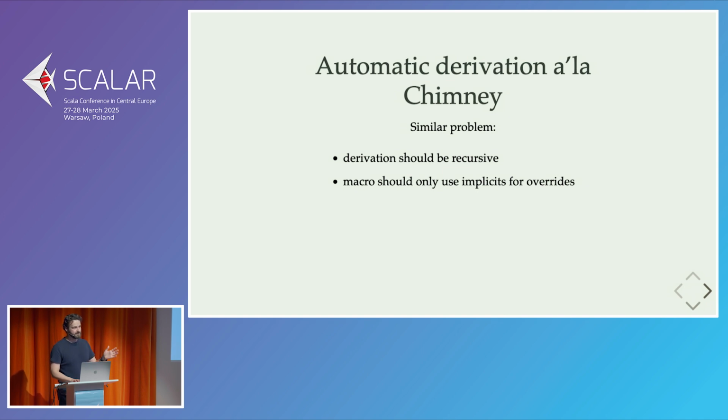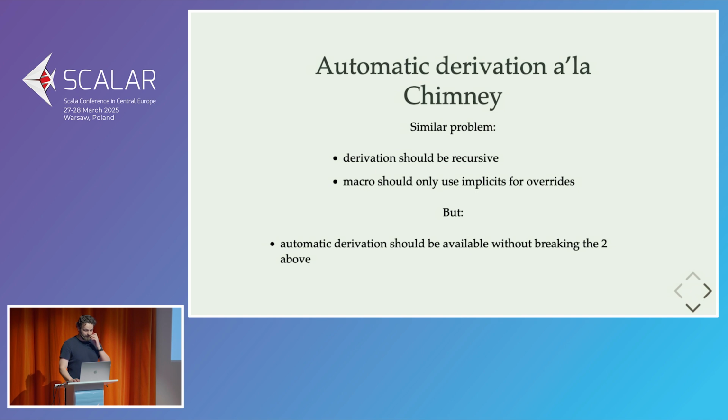But we also wanted users to be able to provide some implicit to override what we are doing in a macro, because user-provided implicits should always take precedence over what we are doing inside the macro. Macros should handle defaults, and the user should be able to override with their own implicits or whatever. But we wouldn't want to break those two assumptions by providing automatic derivation.